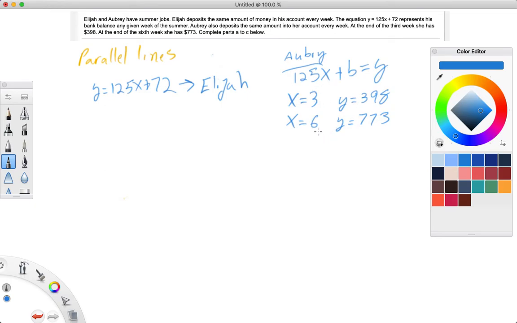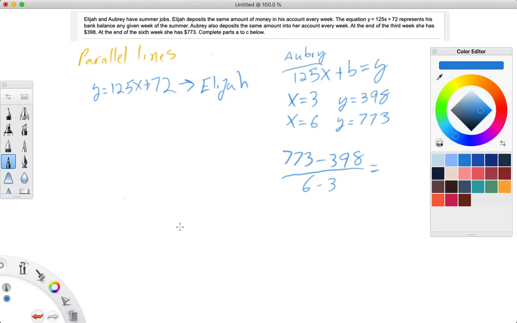Let's go ahead and calculate the slope using the 2 points, because it should be 125, otherwise I'm starting this video over. 773 minus 398, right, y2 minus y1, divided by x2 minus x1, 6 minus 3. 773 minus 398. This is where a calculator comes in handy.